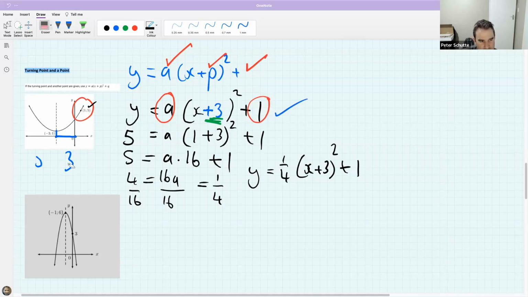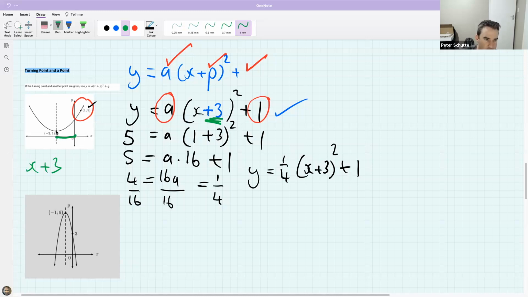Instead of worrying about reversing things, think of this parabola: when it started life as a small little parabola, it had to shift from here to get all the way across. That's 3 units to the left. And how do we do horizontal shifts? We have to go the opposite way around, so we have x plus 3.